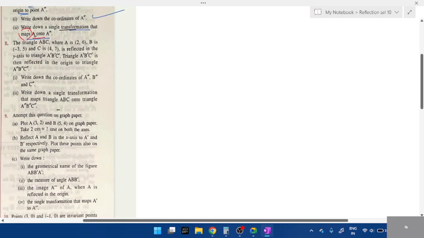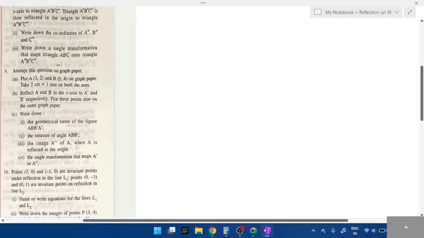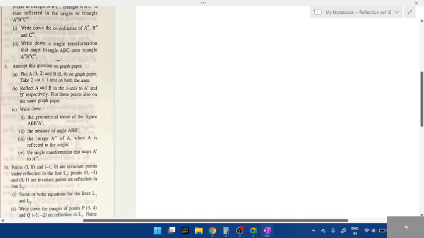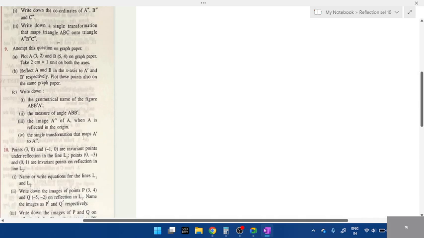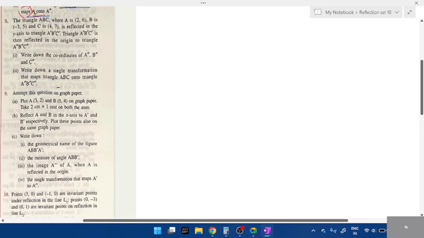I'll explain what this 2 centimeter 1 unit is. Units are important. Simple transformation or invariant point under reflection A dash. Memorize the equation for the line L1 L2.